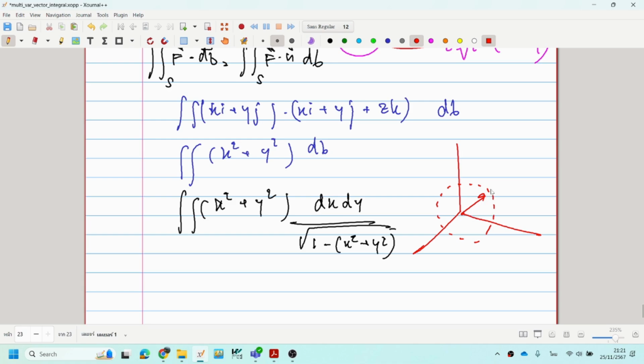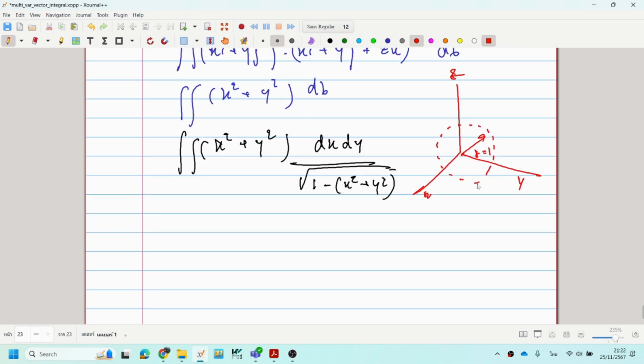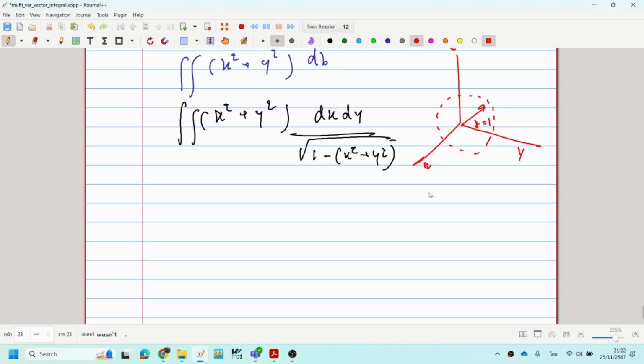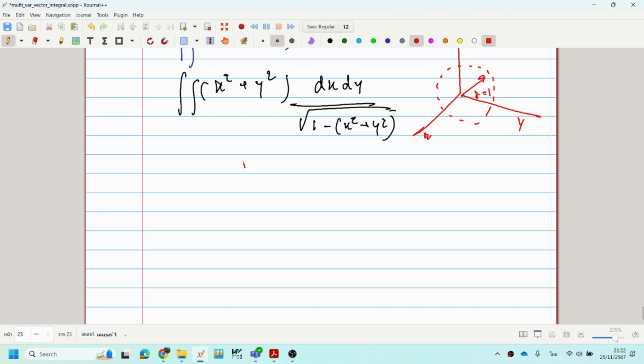Okay, the radius of the sphere is 1. X, Y, Z. Okay, when you project down to the XY plane, you will get the 2D, right? Okay, I will show you the 2D like this.